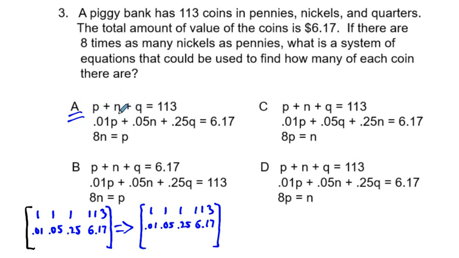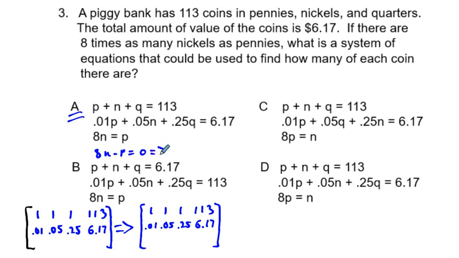But if you pick A like this, and if you look at the distinction between A and C, there's only one difference, and that's that last equation, this 8n equals P. And so if we take this 8n equals P and we go ahead and use it to put this in matrix form that I started below here, if you subtract P, we have 8n minus P is equal to 0.